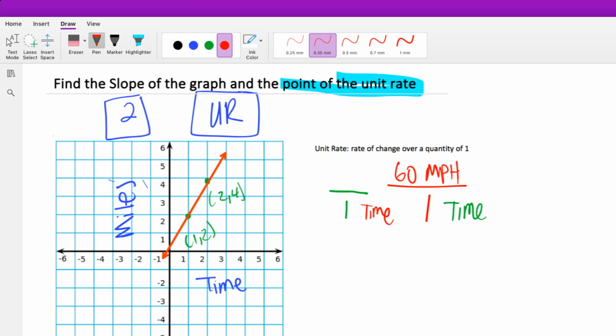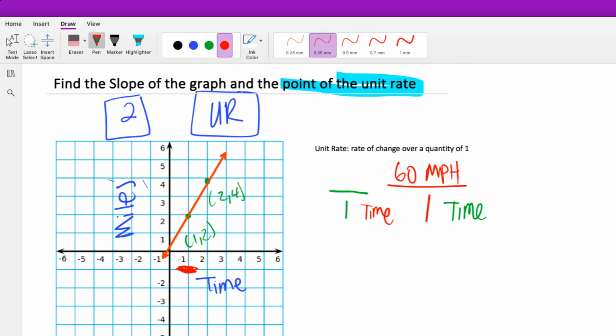So what do we need to do now? We know that if we went 60 miles in 1 hour, that means at 1 hour, 60 miles were driven.